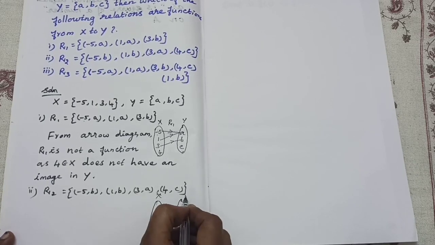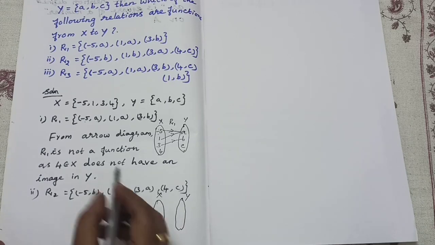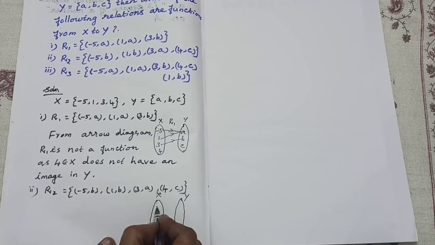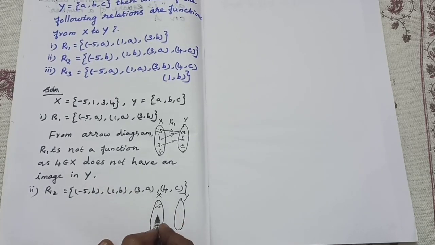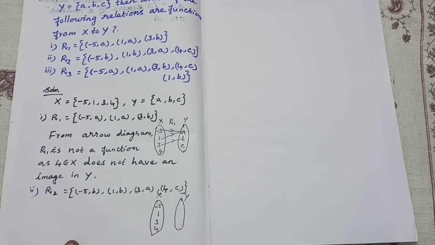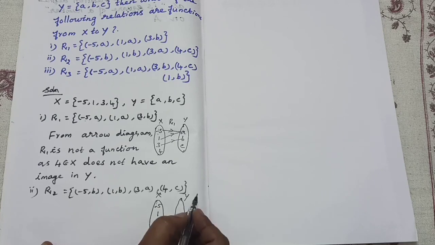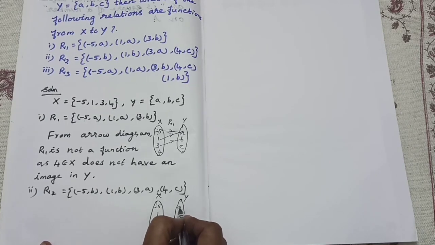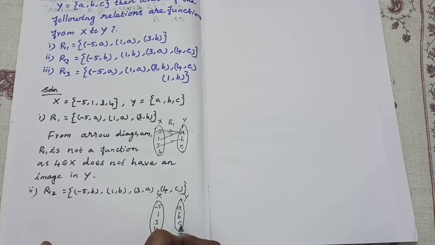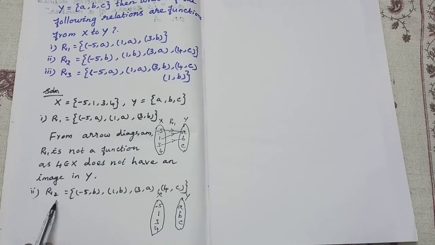First, X values, write it here. Y. What are the elements of X? Minus 5, 1, 3, 4. Then Y elements are A, B, C. What's the relation given here? Minus 5 comma B, isn't it?